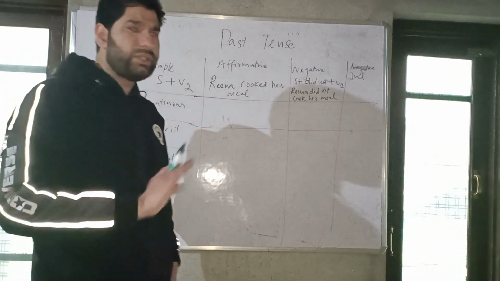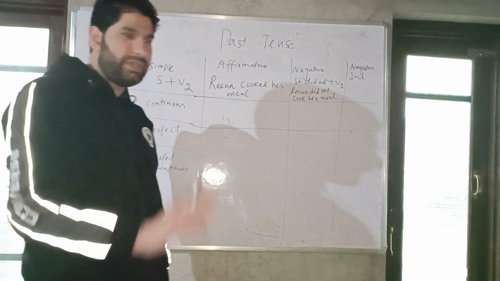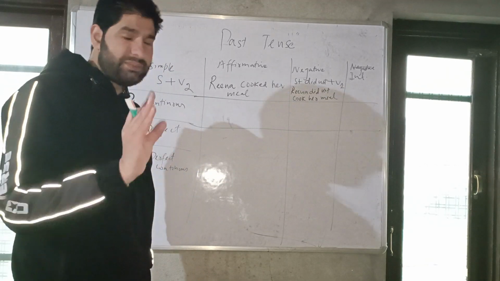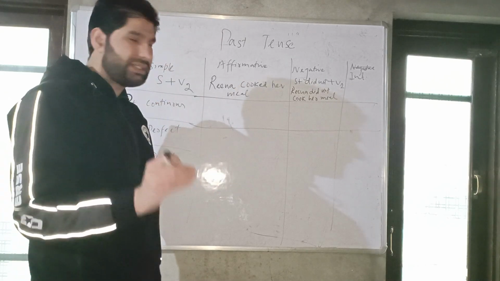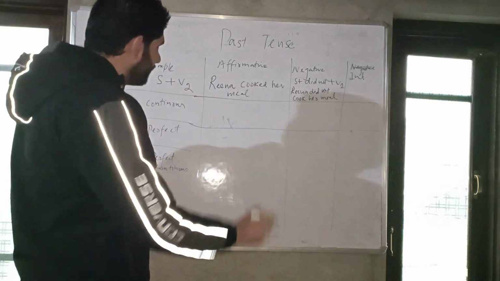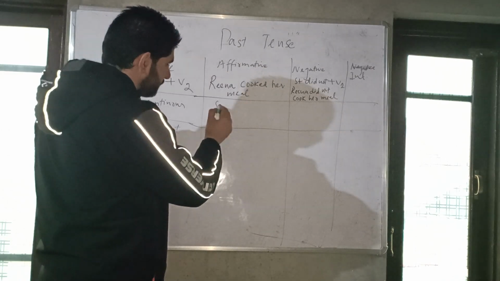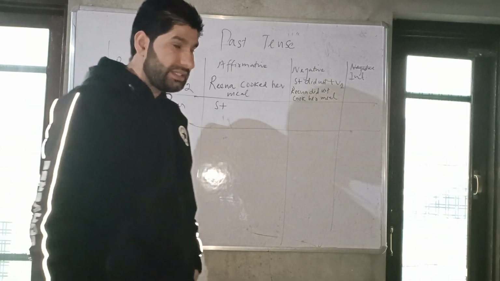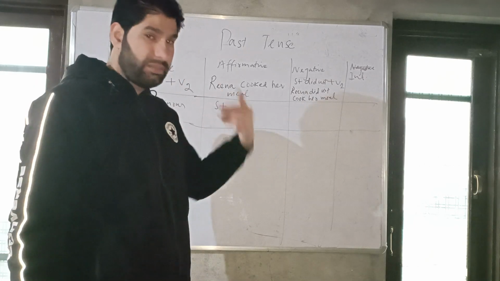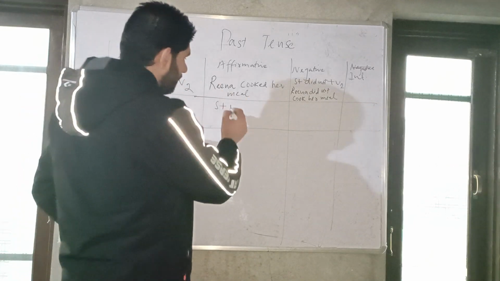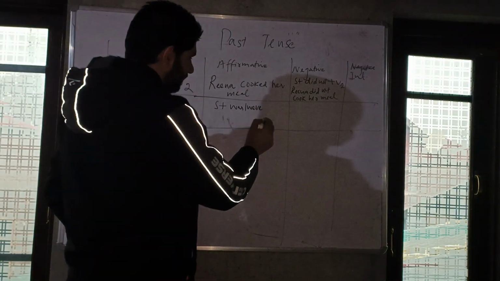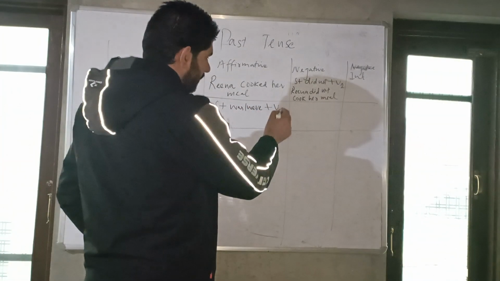As I said, wherever you find the continuous tense, wherever you find the progressive tense, we always use the fourth form of the verb, irrespective of whether it is present tense, past tense, or future tense. So it will be like this. S, just like we had is, am, are in present tense, the same becomes here was and were, plus V4.